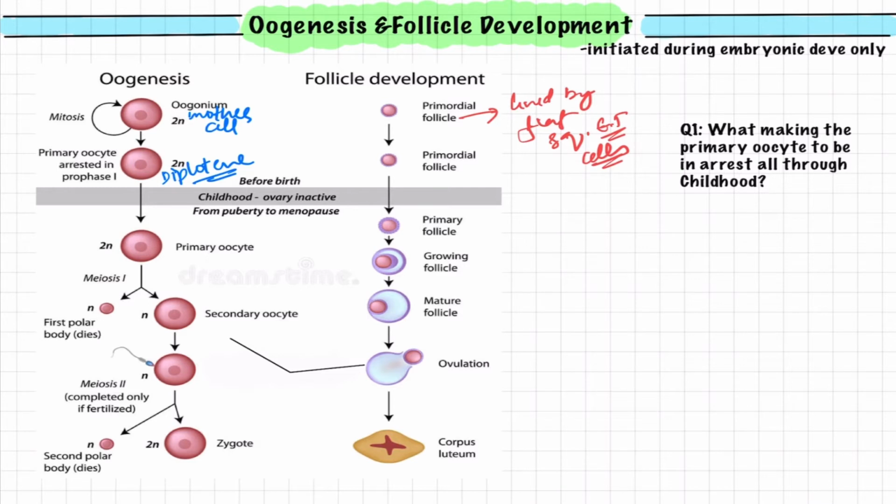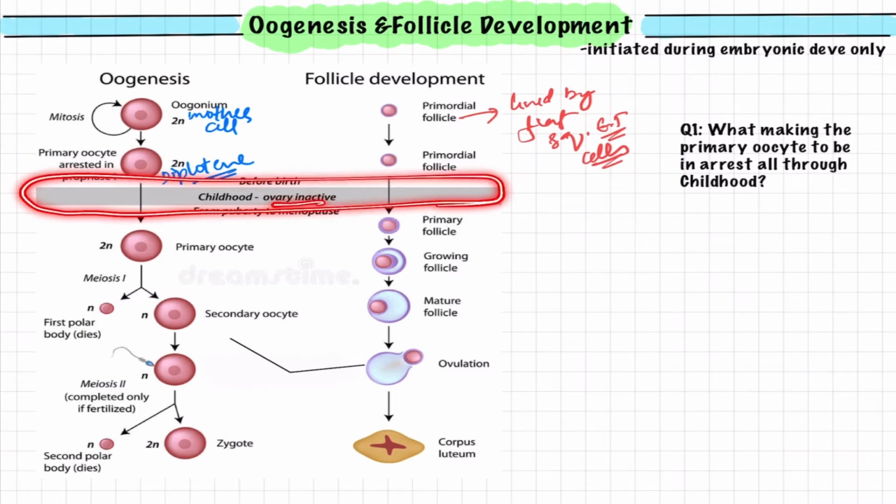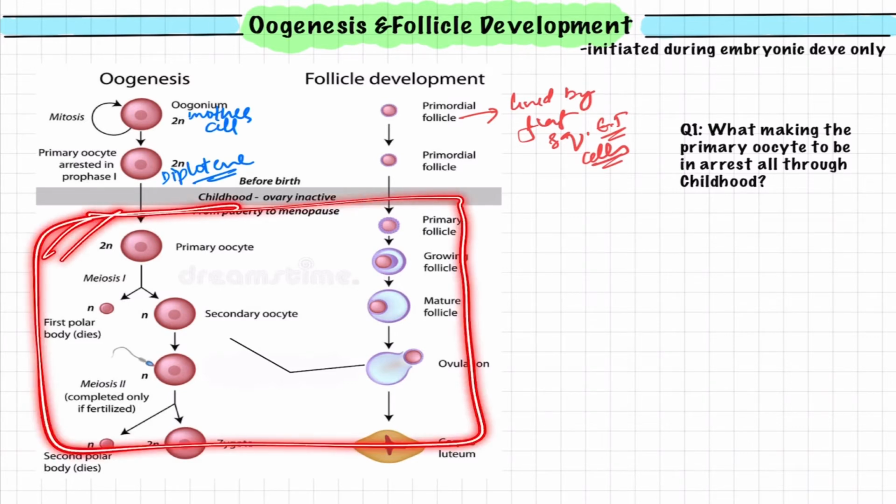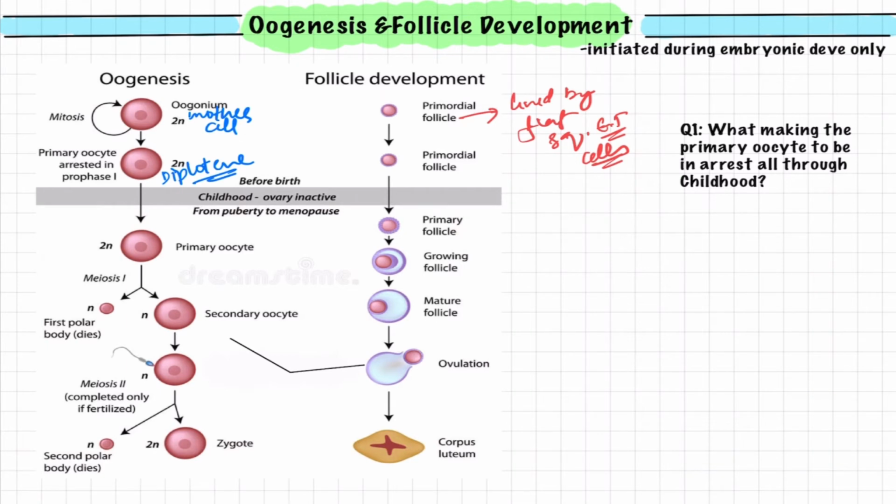As the child takes birth and during childhood, there are no changes taking place in the ovary, so we say that the ovary is inactive. As soon as puberty begins, that is the start of the reproductive period, the changes take place and the cycle proceeds.